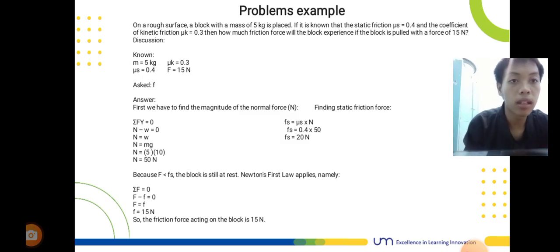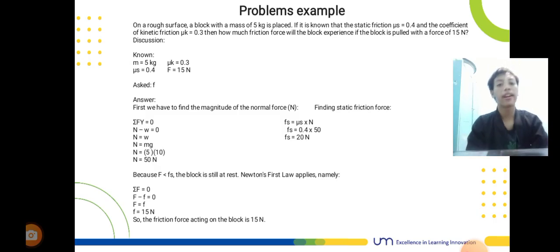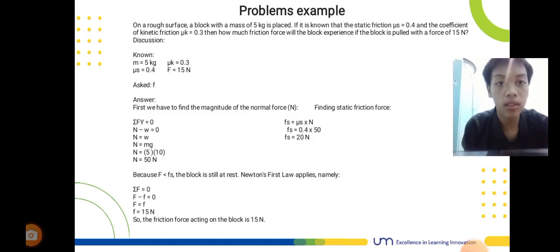Then how much friction force will the block experience if the block is pulled with a force of 15 Newton? Discussion. Known: m equals 5 kilogram, Uk equals 0.3, Us equals 0.4, F equals 15 Newton.